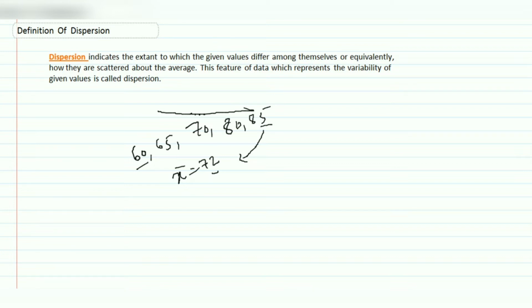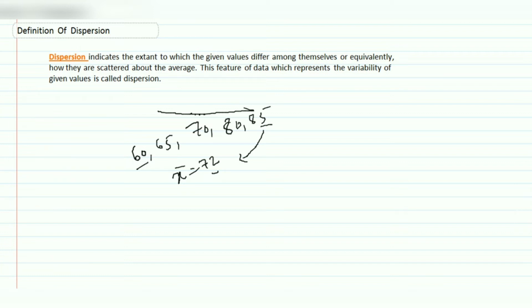We see that the values of the variable are not all equal, and in some cases the values are very close to one another, and in some cases the values are very far apart from one another. So to know the overall nature of data besides the average, we have to study another measurement, which is the measurement of dispersion.